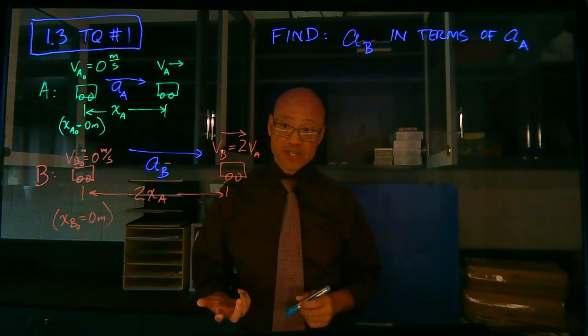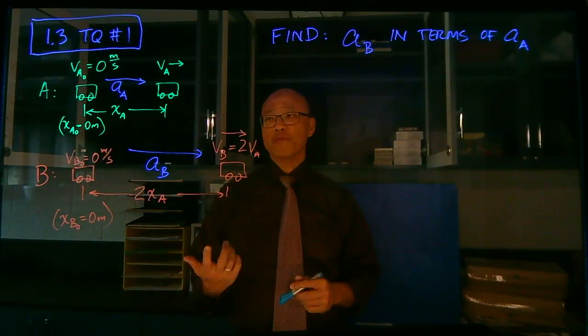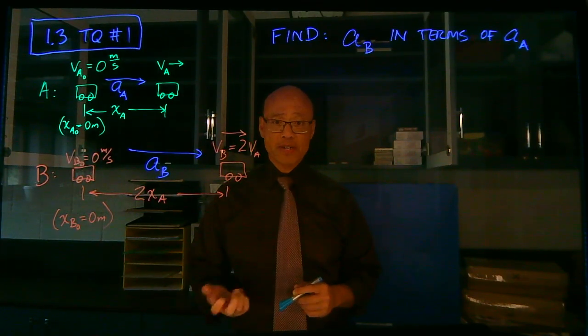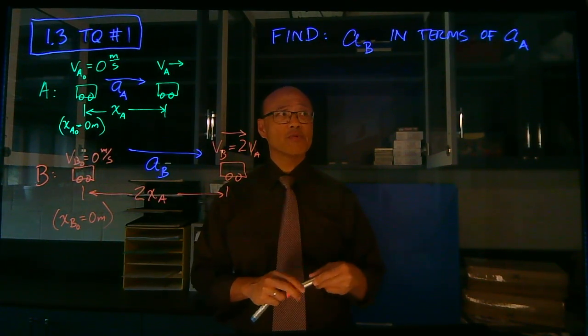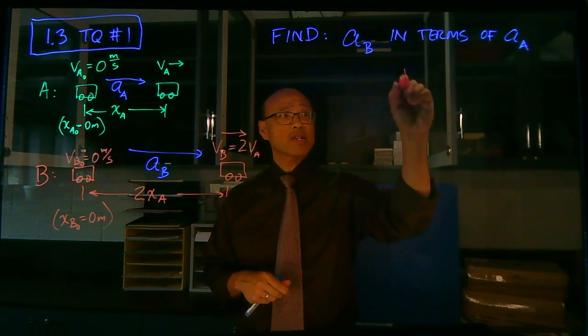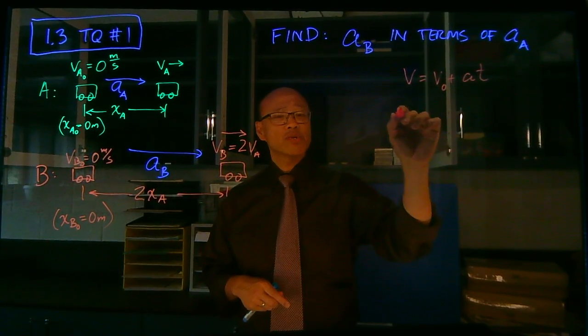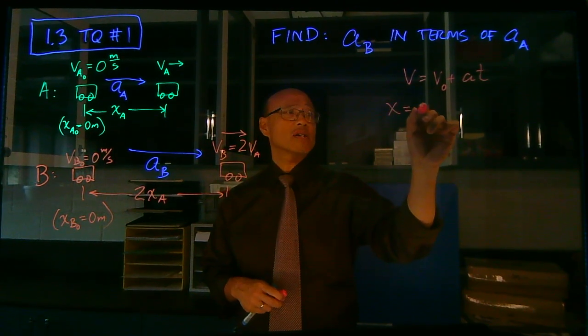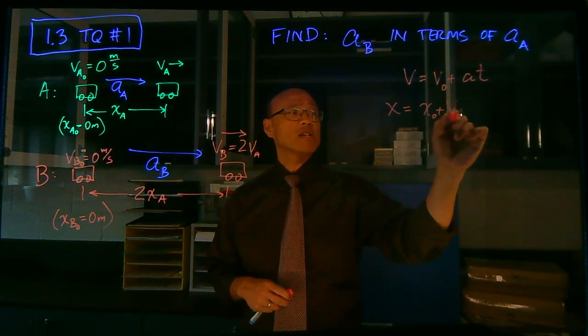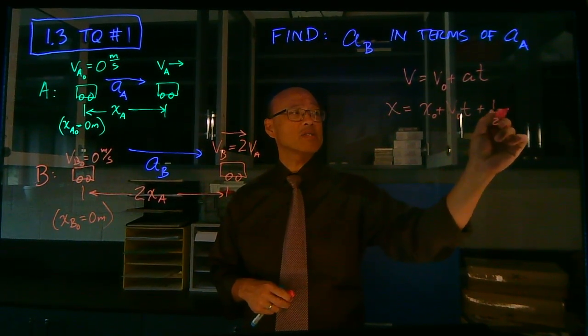So if we look at our equations, the first equation has time in it. I'll just jot those down real fast, but I'll probably erase them right away. So we have V equals V naught plus AT. We also have X equals X naught plus V naught T plus 1/2 AT squared.